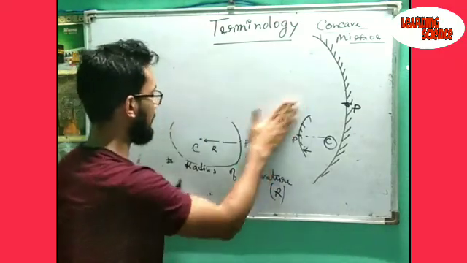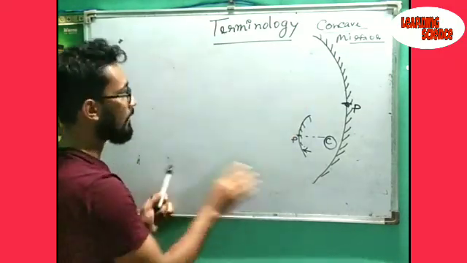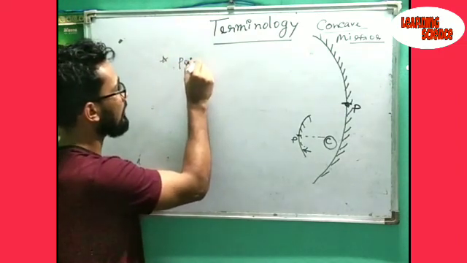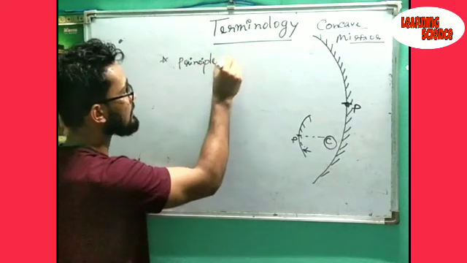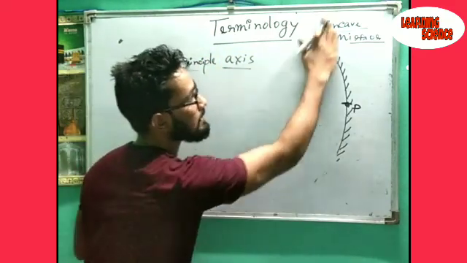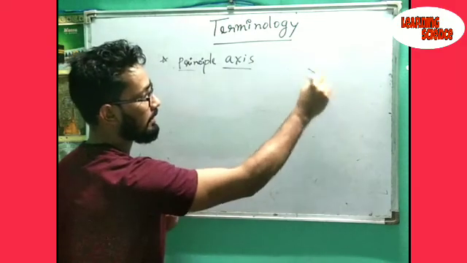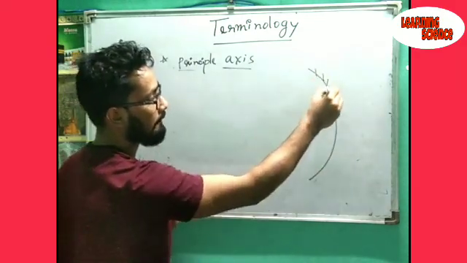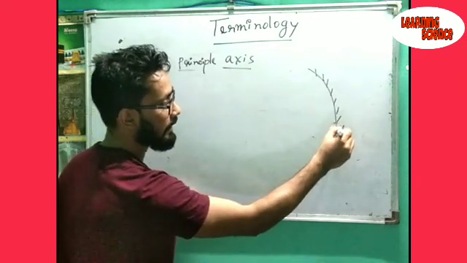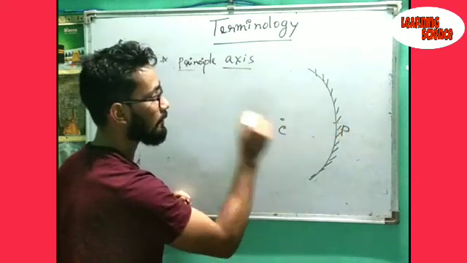Now I'm coming to the fourth point: principal axis. Let's take a diagram of a concave mirror, shading the outward part. This is the pole and this is our center of curvature.